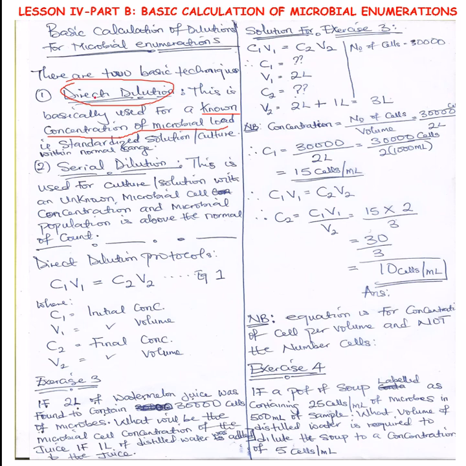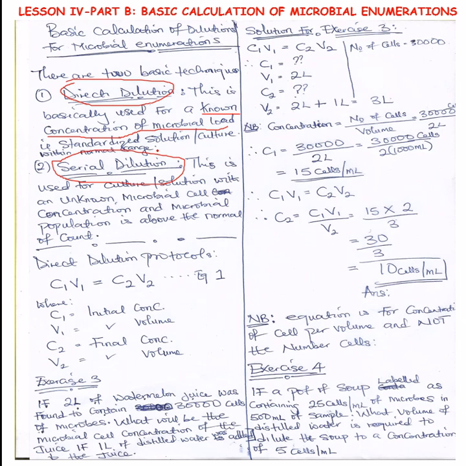Serial dilution, on the other hand, is for non-standardized microbial solutions. That is when you don't know the concentration or the microbial load within the system. You use serial dilution to systematically reduce the population to have a valid microbial count.